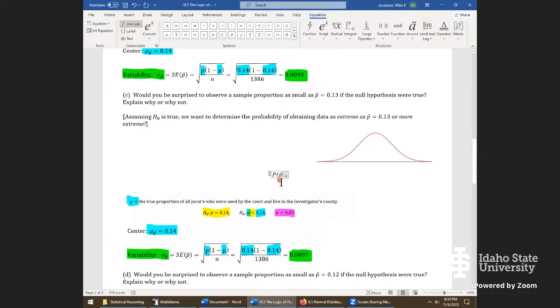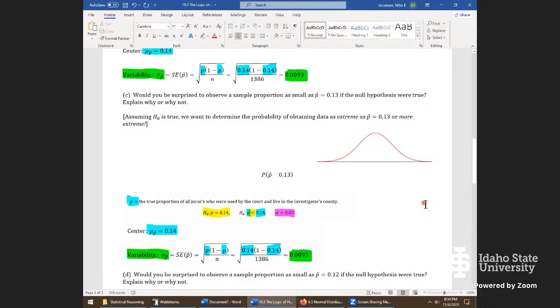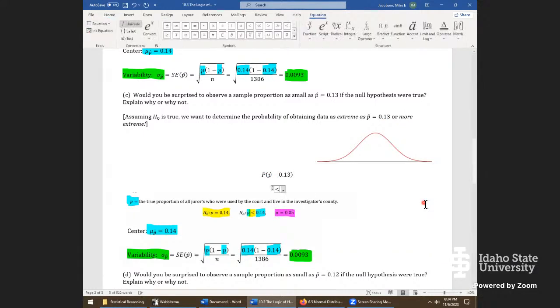The x value would have gone right here. We're going to take the 0.13, and now we have to put something in the middle right here. Same kind of question, actually. We need to decide if it's going to be a less than, a greater than, or a not equals. So one of those 3 options has to go right inside there.